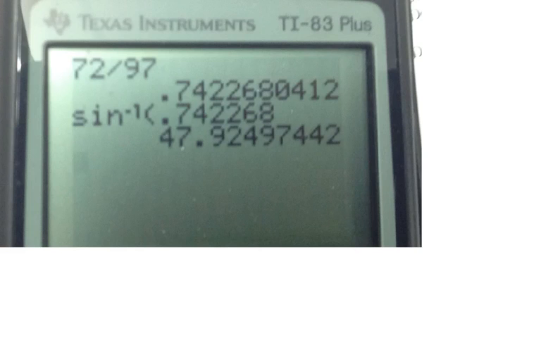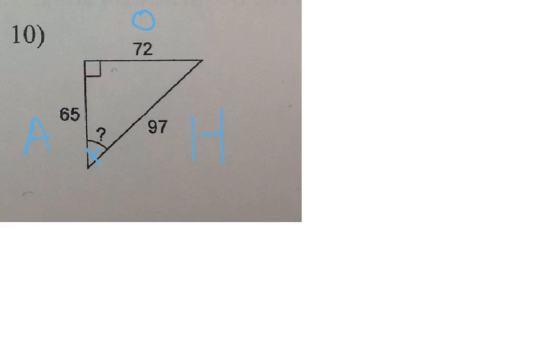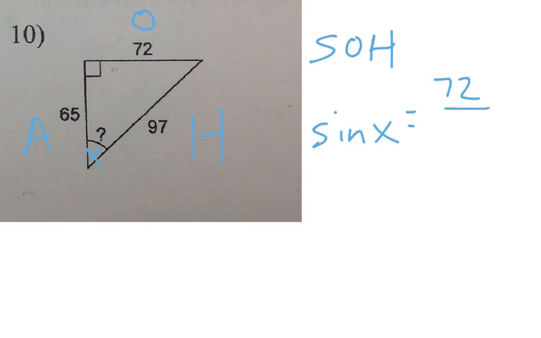Now let me just see what I did. I did sine. So I decided to do sine. Now remember, sine is the SO part in SOHCAHTOA. So I know that the sine of angle x has got to be the opposite, 72, over the hypotenuse, which is 97. See that right there, opposite over hypotenuse.